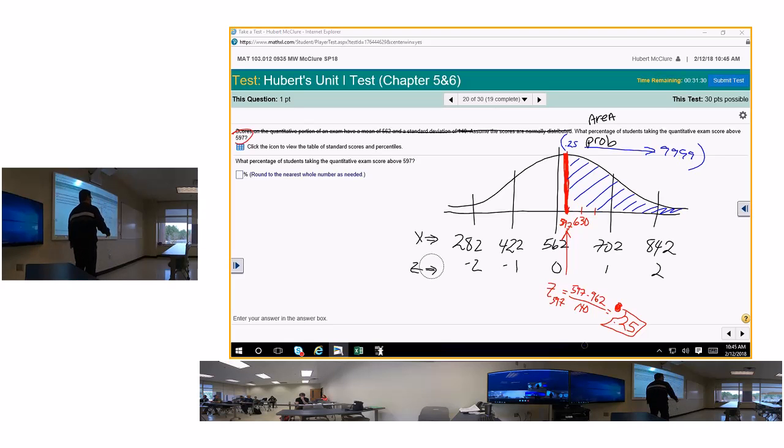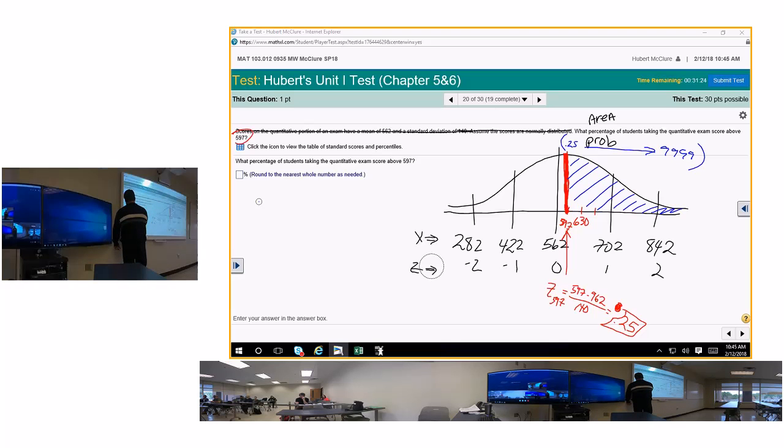If you're using the table, then you would look for 0.25 in your table. Z is 0.25, and the table is going to give you the left-hand side, and you take 100 minus the left-hand side, and that's going to be equal to the right-hand side. So somebody look in your table for 0.25 and tell me what you get.